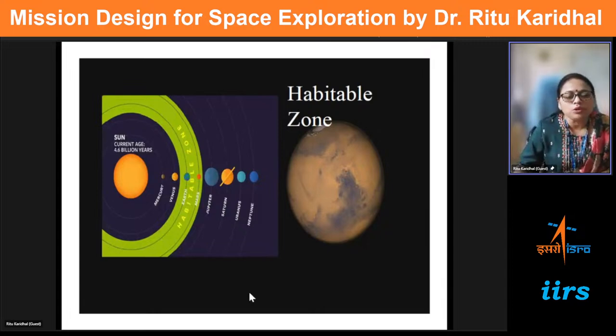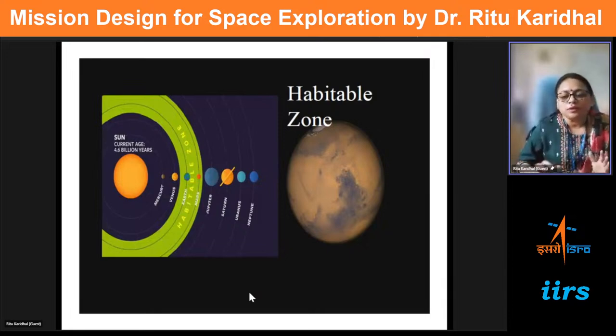What is important to have life is optimal temperature, pressure, and other essential conditions for survival. In this zone, depicted in a green color, is called the habitable zone. As I told, this habitable zone has the surviving conditions in terms of temperature and pressure, and it lies between Venus and Mars.